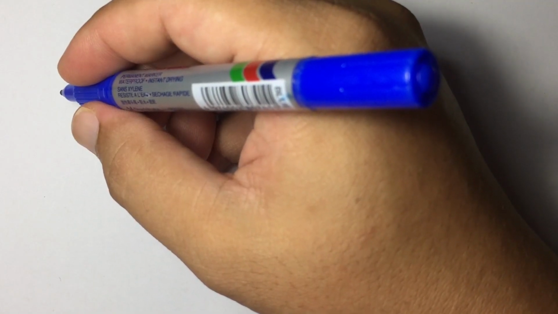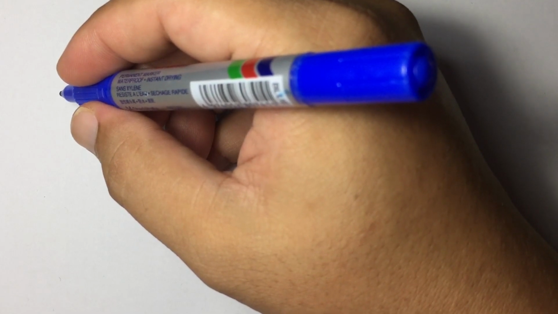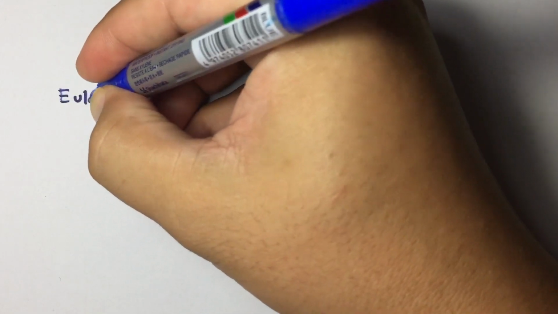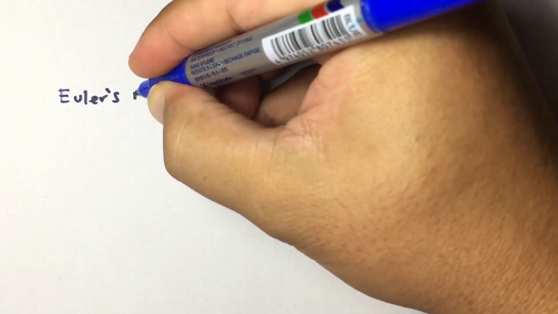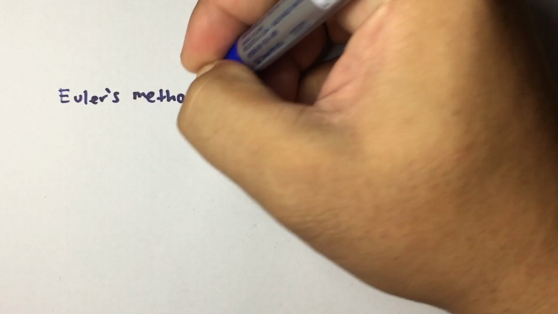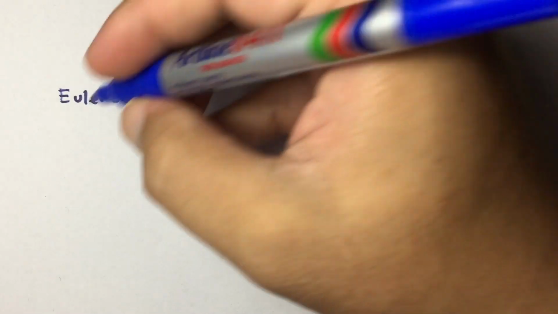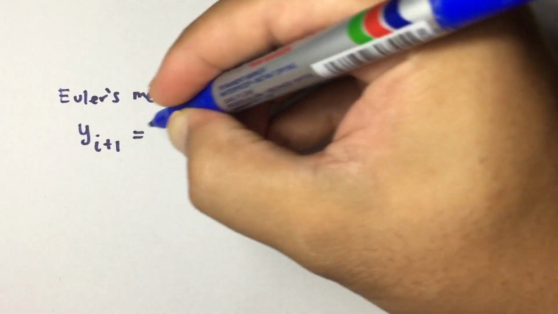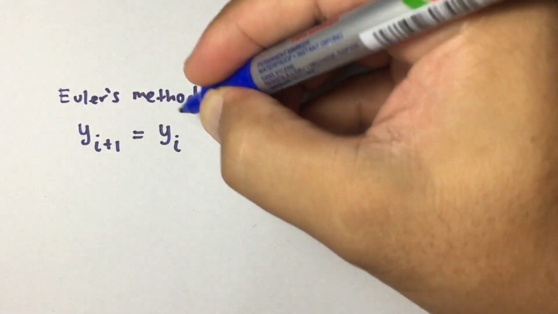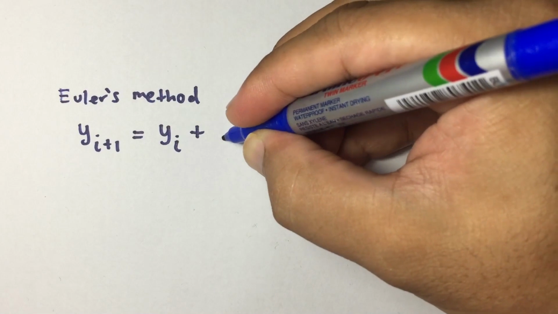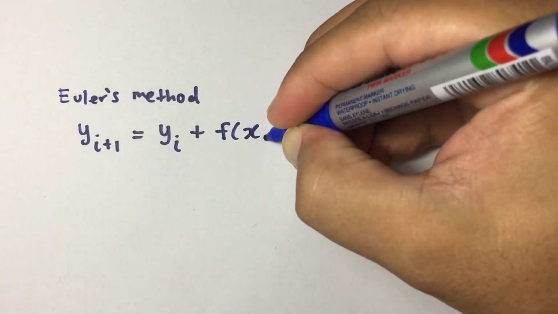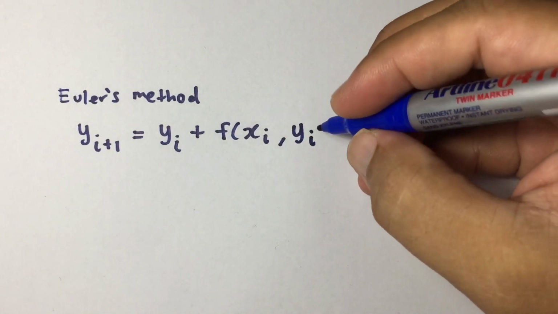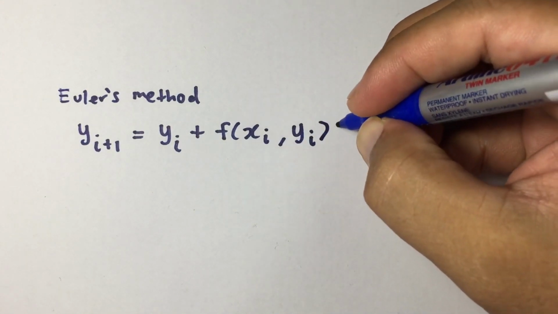To solve it using Euler's method, let us start by writing the formula itself. The formula says that y_(i+1) is equal to y_i plus the first derivative at point (x_i, y_i) times the step size.